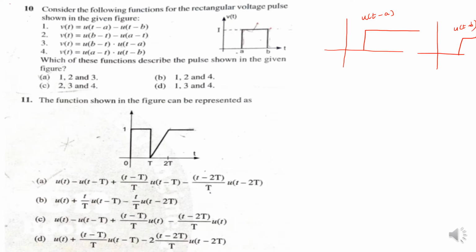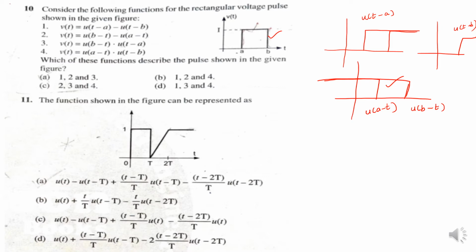So u of t minus a minus u of t minus b, the answer is correct. And next, u of b minus t. So this is t minus b, and here the inverted signal, u of b minus t. Here u of a minus t, also correct. So this is also a correct answer.